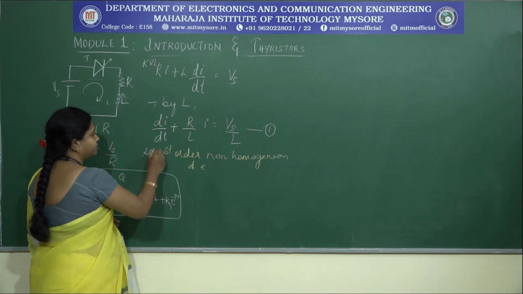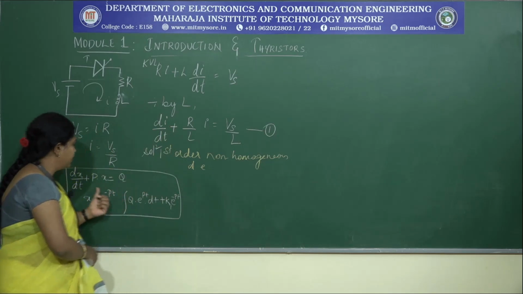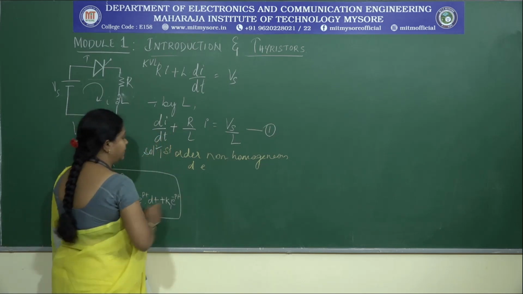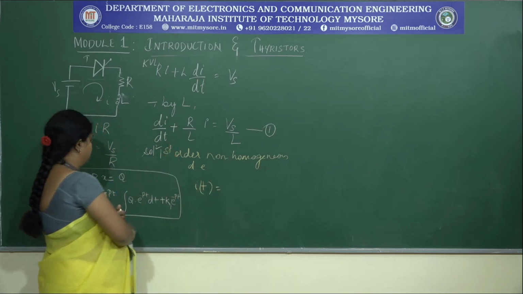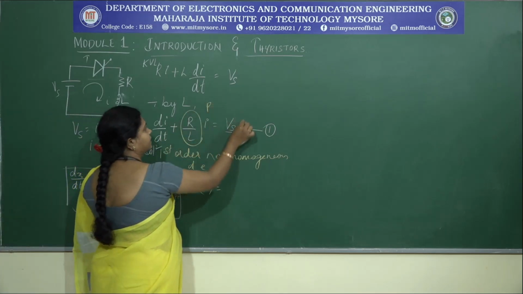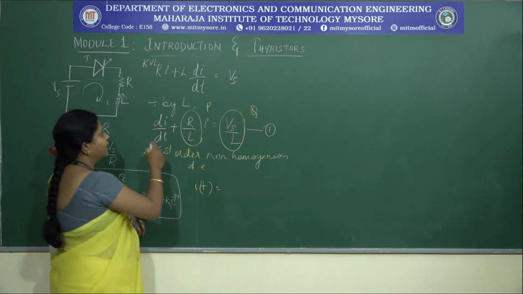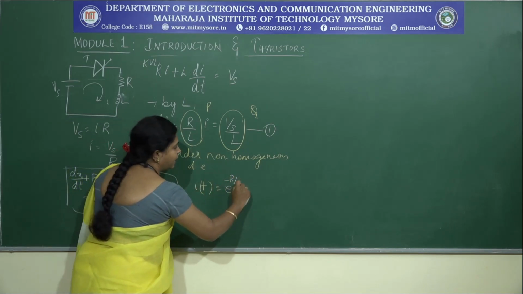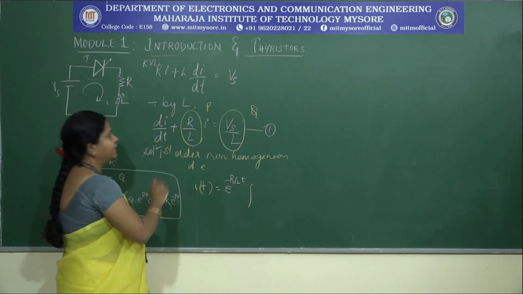So, the solution for the first order non-homogeneous differential equation, here it was with respect to x, but here it is with respect to I. So, we can write the equation as I of t is equal to e to the power of, what is p here? Let us say this as p and this as q. Okay. So, now how will you get it? I of t is equal to e to the power of minus pt, minus R/L into t, times integration of q.